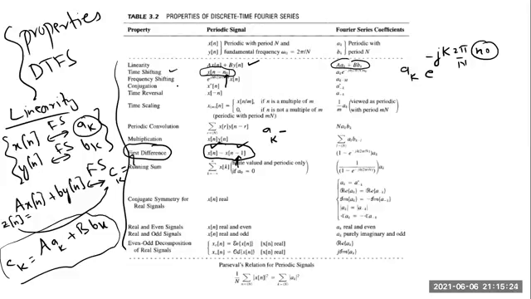Now x of n minus 1 corresponds to a time shifting operation, and we already know the effect of time shifting. It will be a_k e raised to the power minus jk 2 pi by N, and in this case n naught is equal to 1. So I can take a_k as common: a_k times 1 minus e to the power minus jk 2 pi by capital N, which is exactly this one.